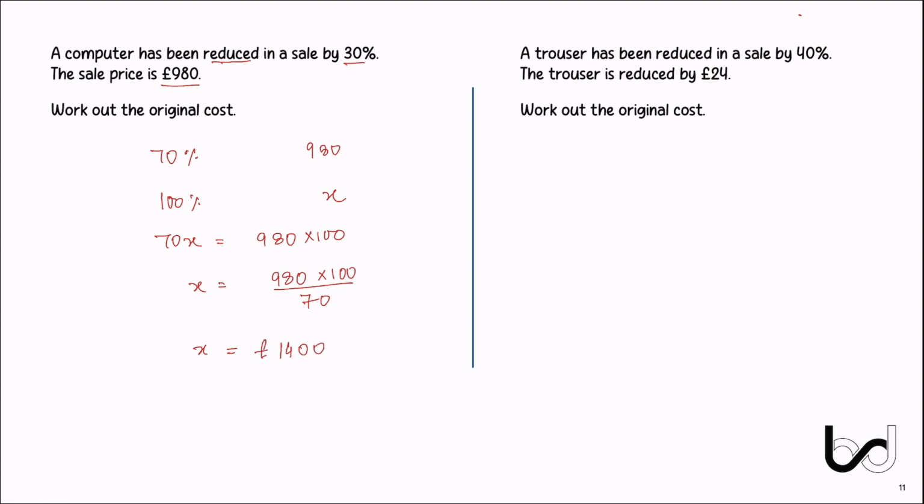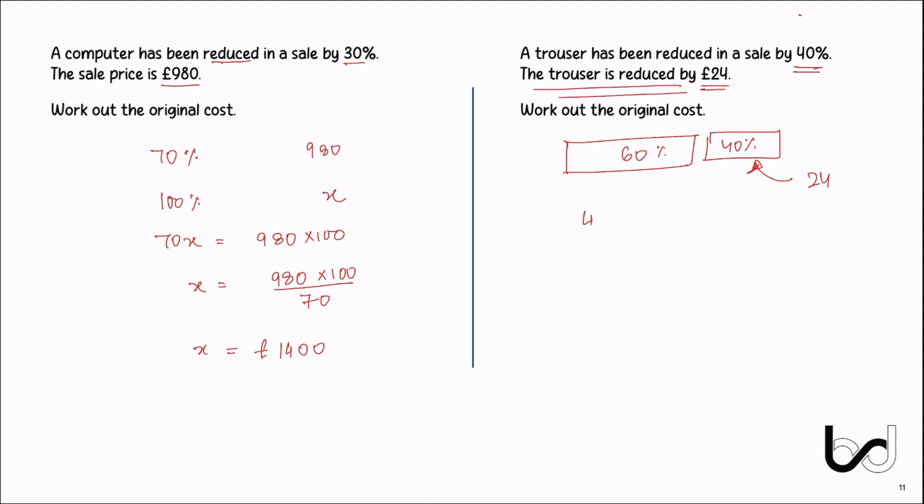Clear? Okay. Now a trouser has been reduced in a sale by 40%. The trouser is reduced by 24. Now see, this is 60%, this is 40%. The price which is reduced is 40%, so you know the value of 40%. It's not the value after the reduction. Read carefully over here, the trouser is reduced by this.